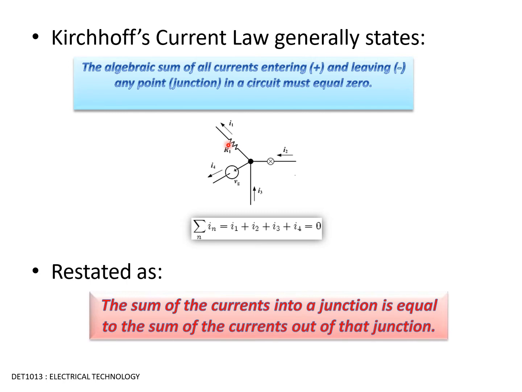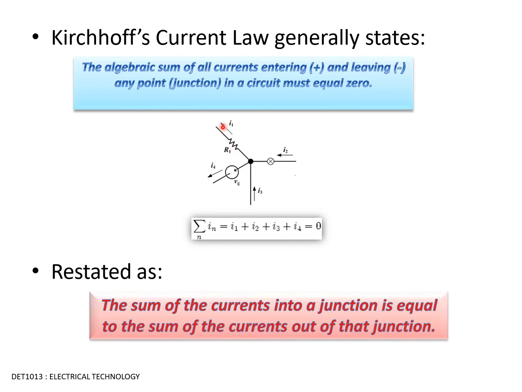Current moving into the junction is positive, and current moving away from the junction is taken as negative. So here I2 is moving into the junction, so it is positive.